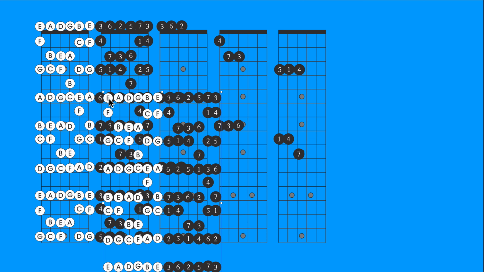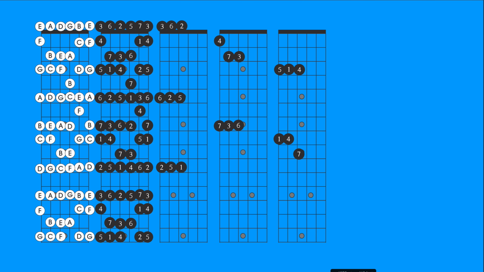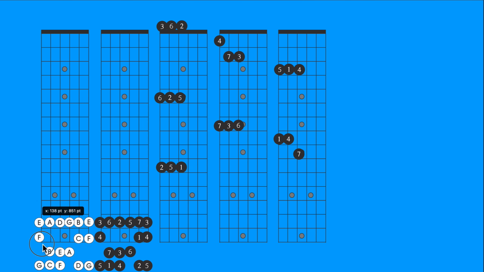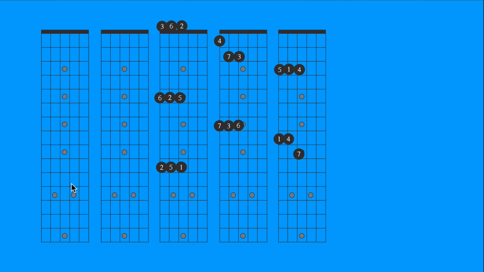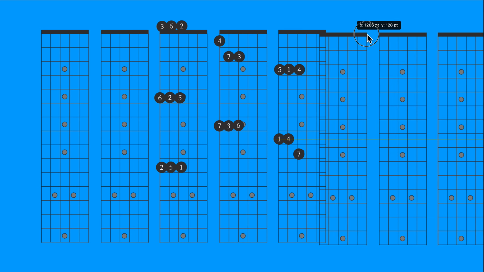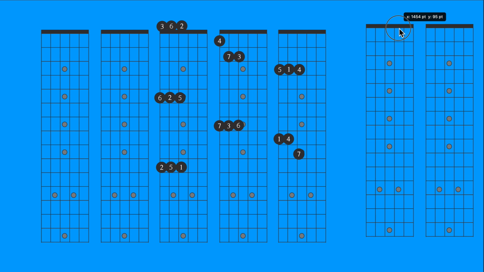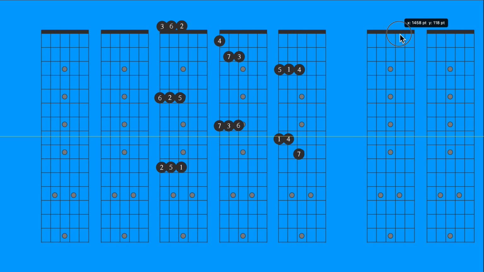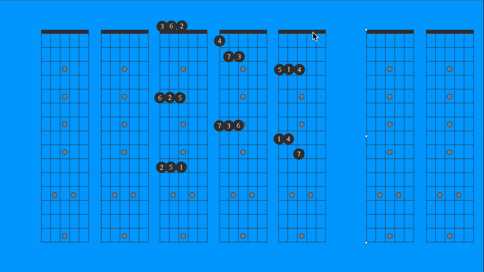Making my computer move slow, sorry. Trying to get rid of these. All right, and actually let's add a couple more of these right here so we have a total of 7 of them.